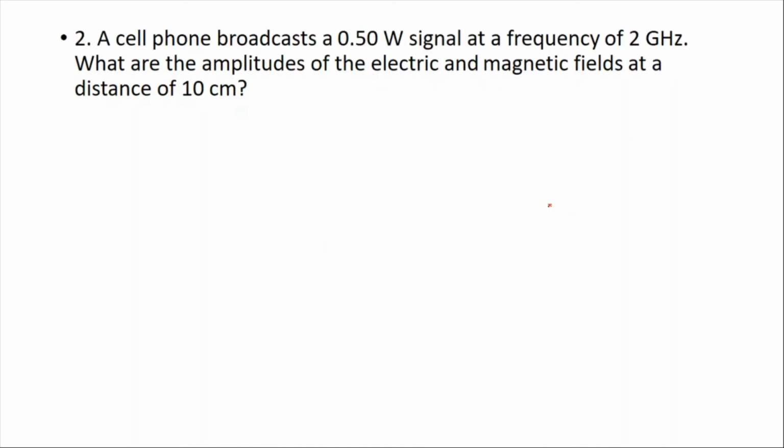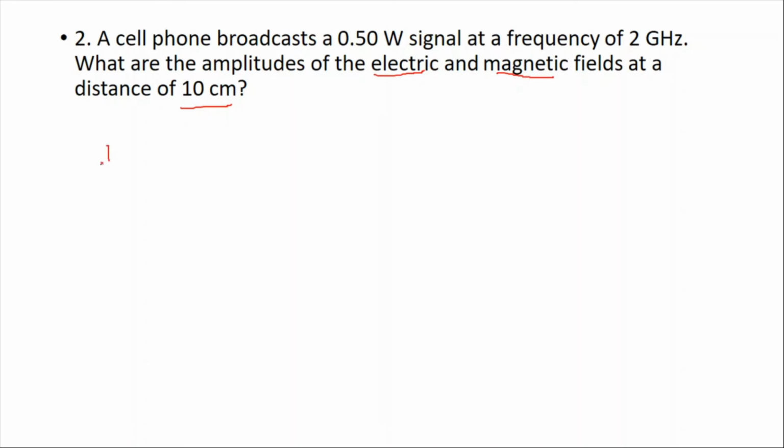Second question. A cell phone broadcasts a 0.5 watt signal at a frequency of 2 gigahertz. What are the amplitudes of the electric and magnetic fields at a distance of 10 centimeters? This 10 centimeters is approximately the distance from our ear to our brain. We are going to calculate the amount of electric and magnetic field at the location of our brain.